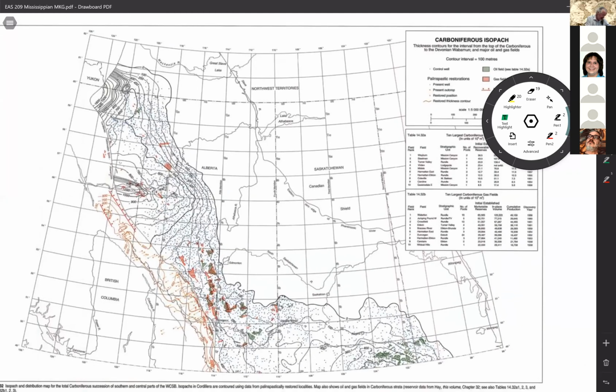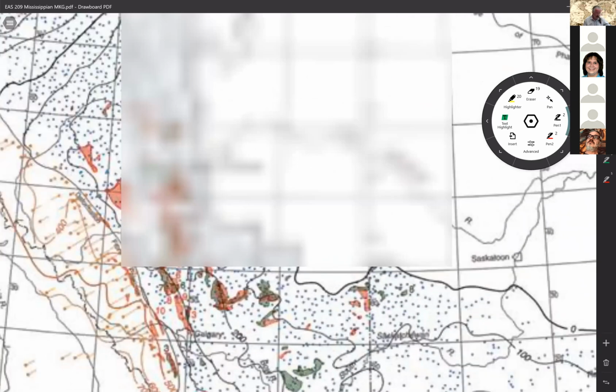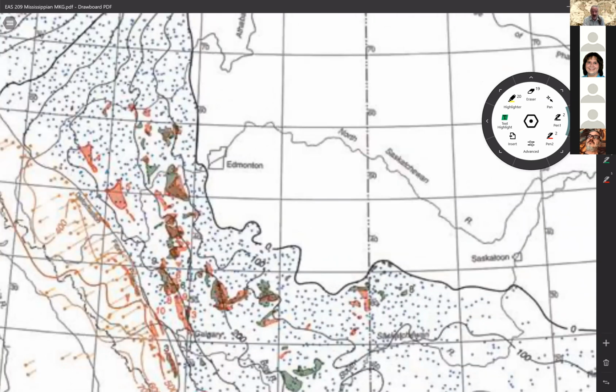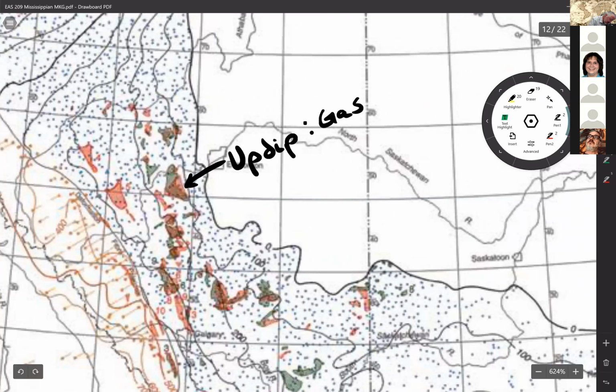I glossed over this map before because I was getting rattled without my stylus, but here again, I just want to emphasize that we can see the oil and gas reservoirs. They're in the traditional green for oil, red for gas, and I wanted to point out that the up dip bits of these are gas charged, and that's because gas floats on oil and oil floats on water.